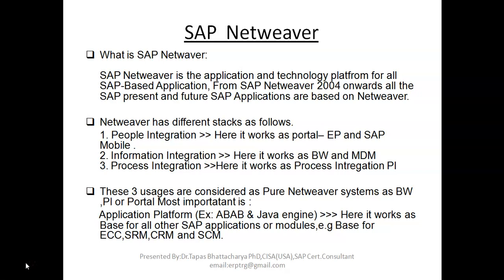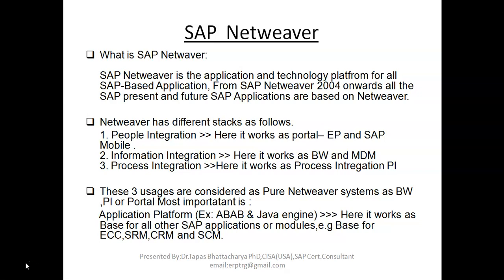PI is process integrator. The pure NetWeaver systems are considered to be BW, PI and portal. The most important is the application platform, that is the ABAP and Java engine. It works as a base for all other SAP applications or modules, and that is the base for ECC 6, SRM, CRM and SCM.